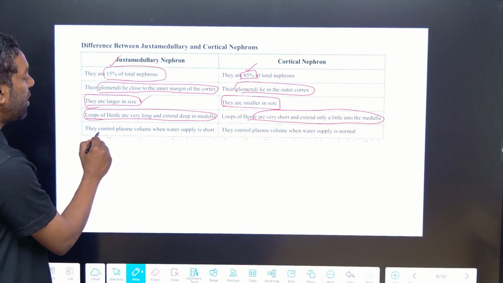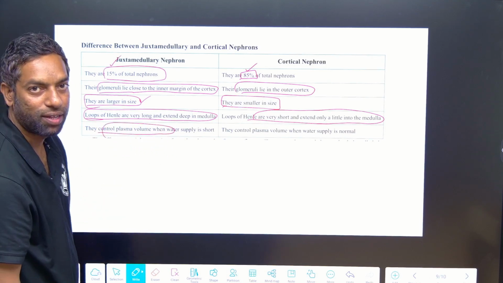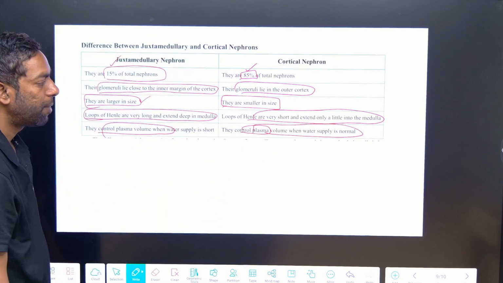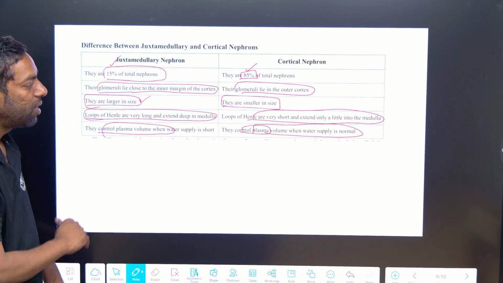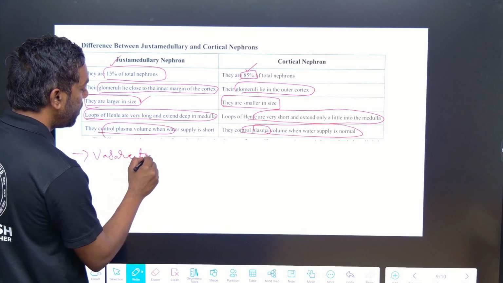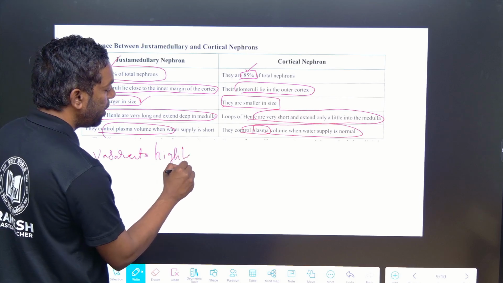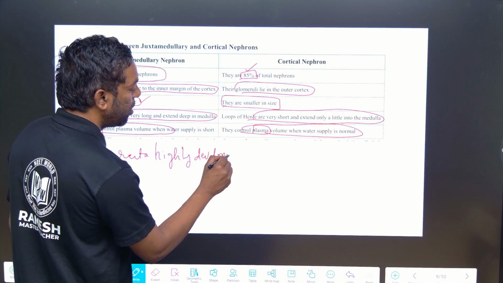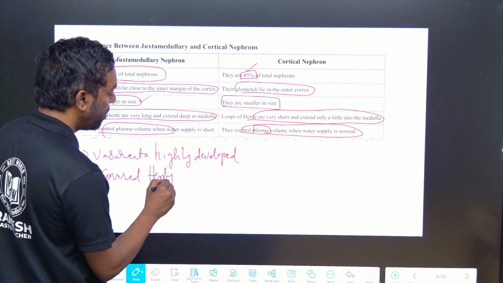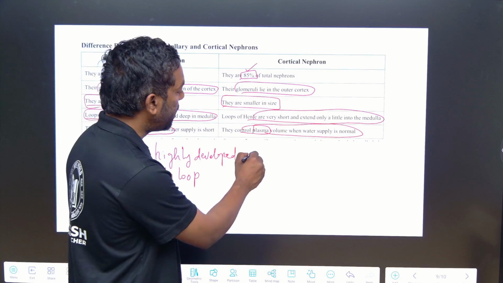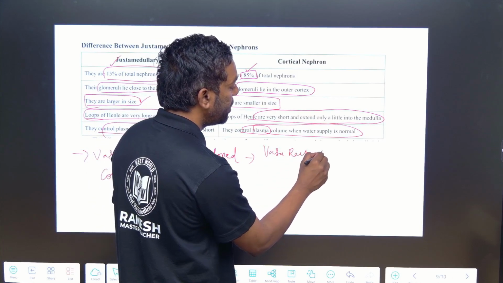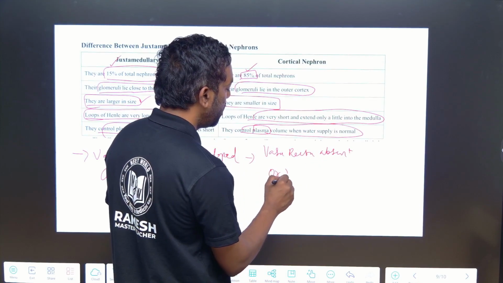Juxtamedullary nephrons control the plasma volume because the medullary interstitial fluid is involved in the regulation, when water is controlled. Here is another point: the vasa recta is highly developed and covers the Henle loop in juxtamedullary nephrons, whereas in cortical nephrons the vasa recta is absent or highly reduced.